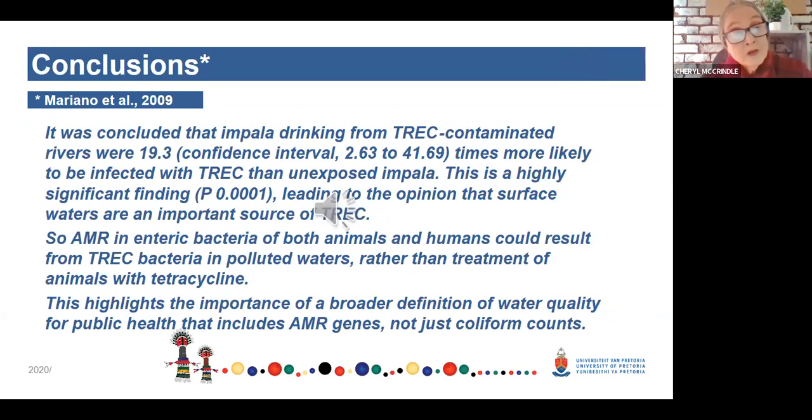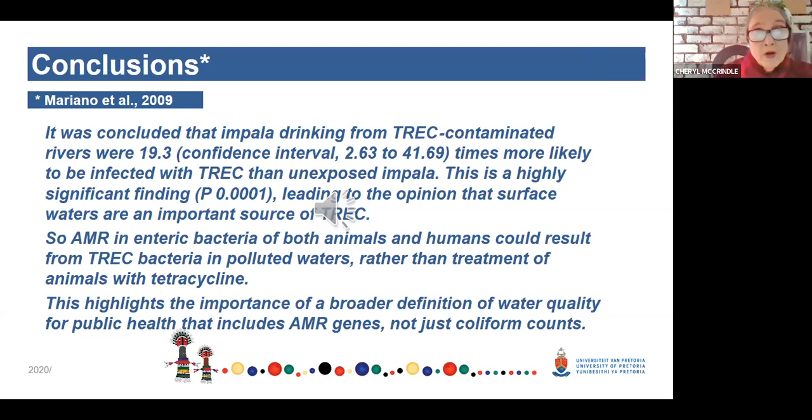It was concluded that impala drinking from Trich-contaminated rivers were 19.3 times more likely to be resistant. This is a highly significant finding with a P of 0.0001, leading to the opinion that surface waters are an important source of Trich.